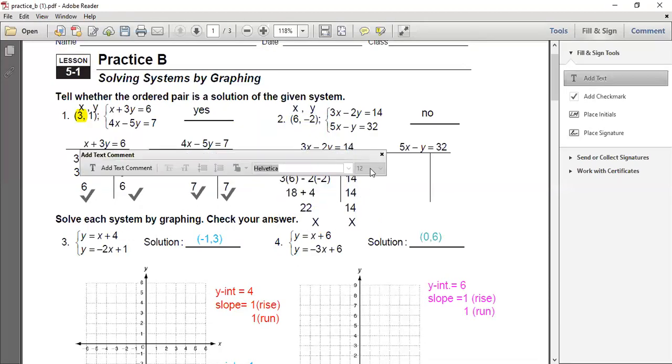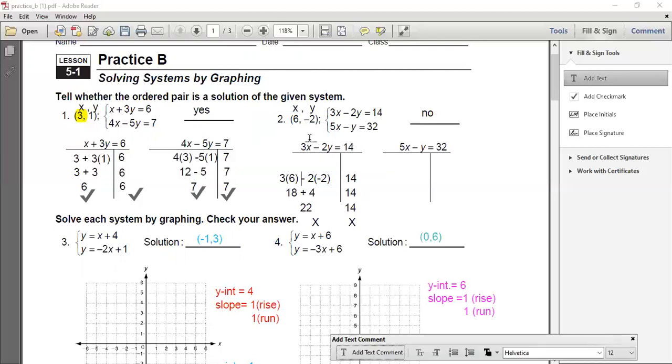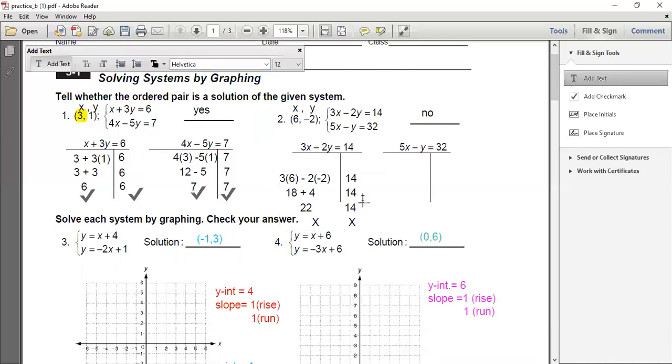I'm just going to do the first one and check. So 3x minus 2y equals 14. In place of x, we replace x with 6 and y with negative 2, and this side should be 14 because the other side of the equation is 14.